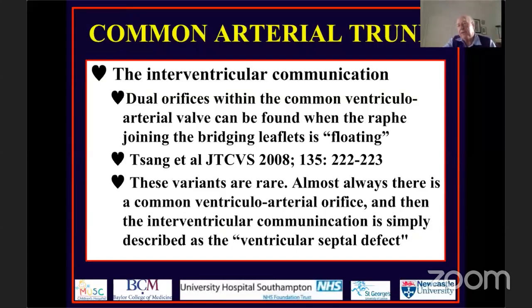But what I hope I've shown you is that that ventricular septal defect is part of a more extensive septal deficiency, a ventriculo-arterial septal deficiency, and we can analyze it as we do the atrioventricular septal defect in the setting of common atrioventricular junction.